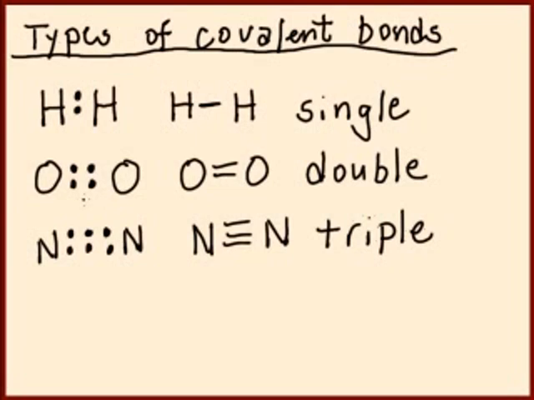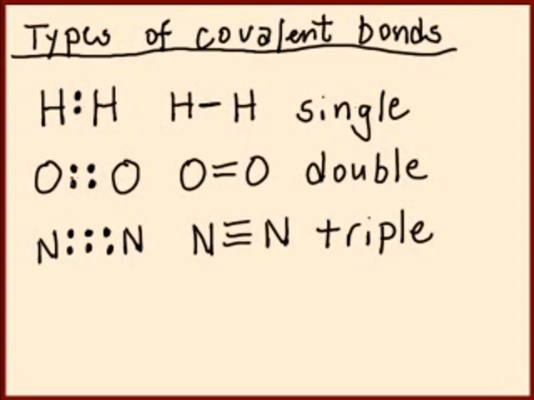In the next slide, we'll look at types of covalent bonds based on where the electrons spend their time, based on around which atom the electrons spend their time. But these are the types of covalent bonds based on the number of electrons. If 2 electrons are shared, we call that a single covalent bond, represented by one horizontal line between the atoms.